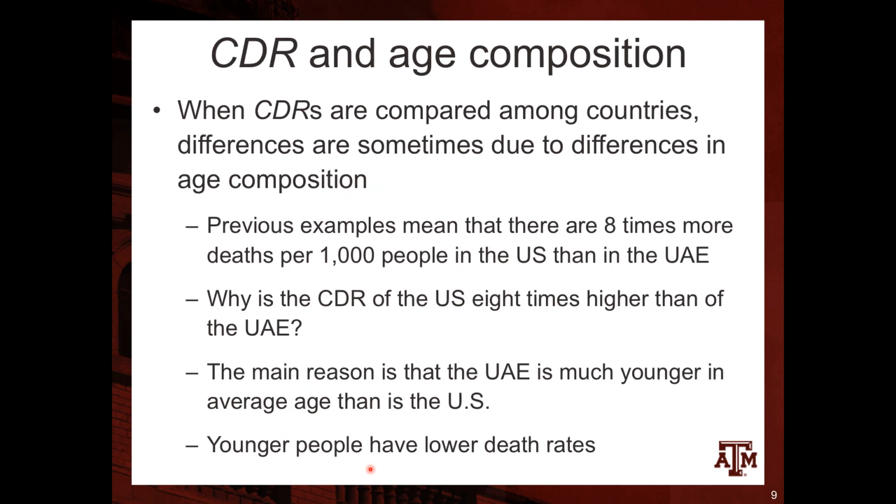And so when we are comparing crude death rates among different countries, we have to be careful because different countries have different age compositions. When crude death rates are compared among countries, differences are sometimes due to differences in age composition. So just to give an idea with the previous examples from the previous slide: there were 8 times more deaths per 1,000 people in the US than in the United Arab Emirates.